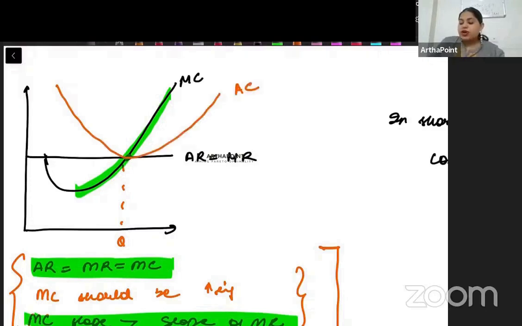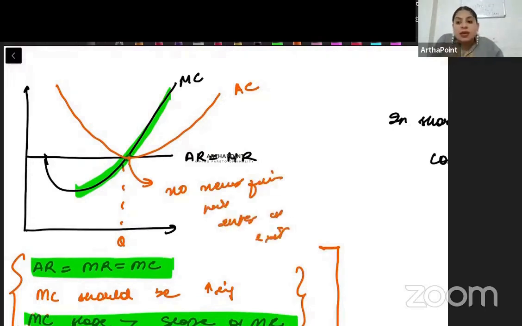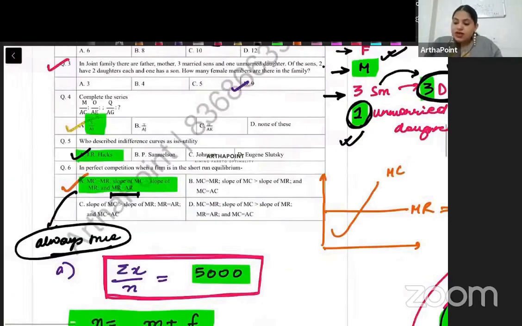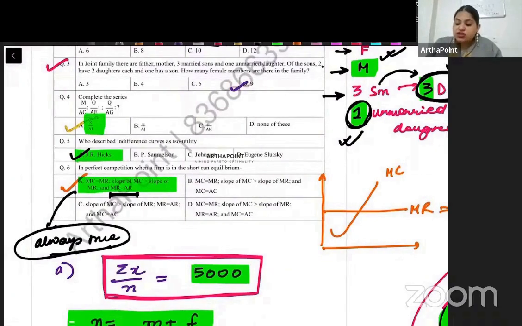At this point, I am sure that no new firms will enter or exit. So there will be an equilibrium or a stability maintained in my economy. So beta, along with these three conditions, if they are giving you an additional condition, these were the first three that I had to check.